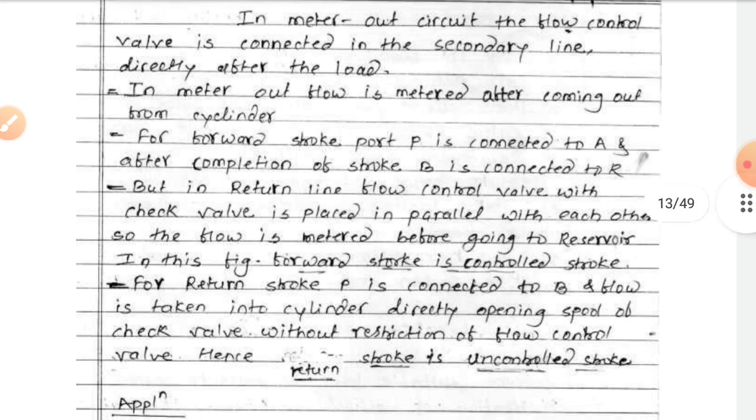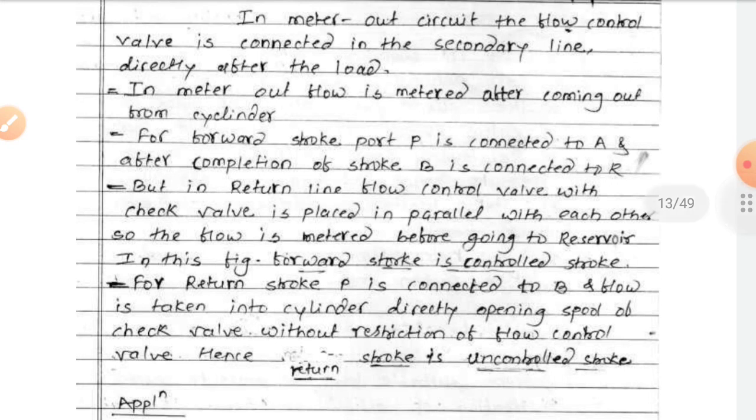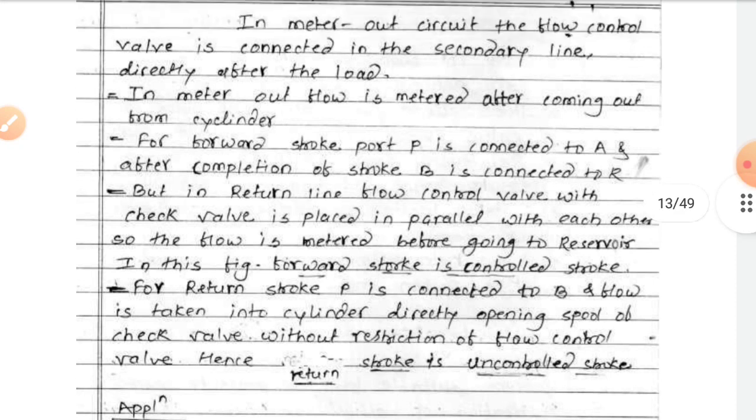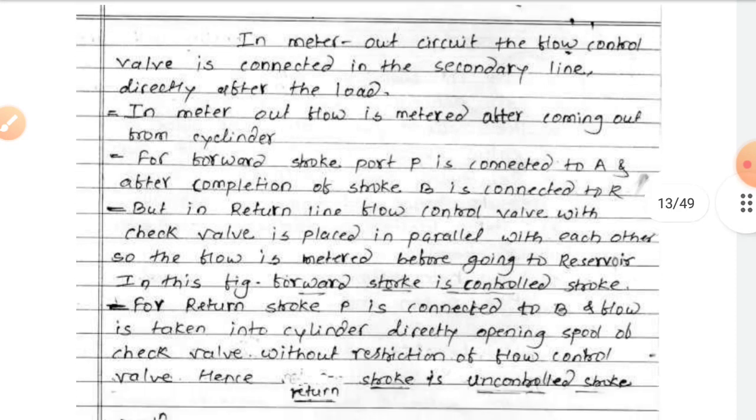For the return stroke, P is connected to B and flow is taken into the cylinder, directly opening the spool of the check valve without restriction of the flow control valve. Hence, the return stroke is an uncontrolled stroke. So this is the explanation of the meter out circuit, what it is and how it works.